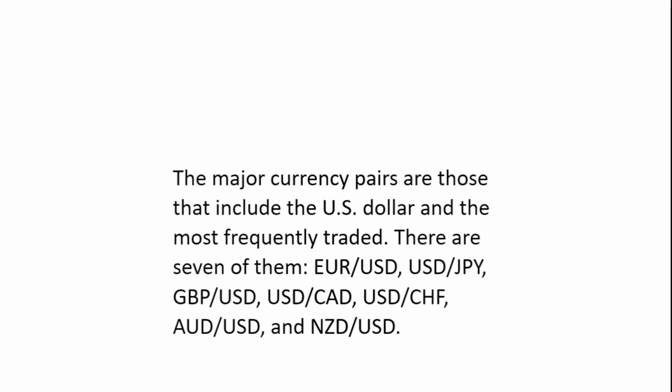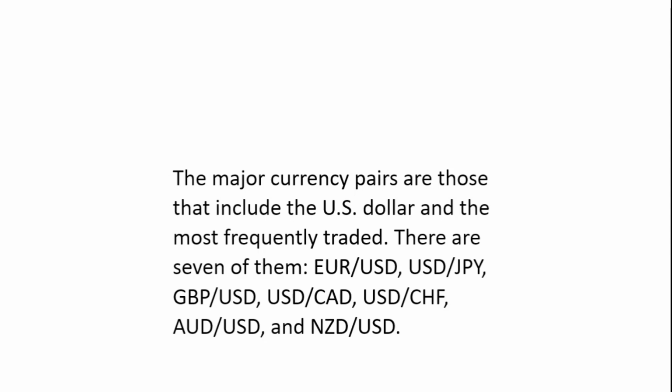The major currency pairs are those that include the US dollar and are the most frequently traded. There are actually seven of them. We have the Euro, USD; the USD, Japanese yen; the Pound, USD; the USD, Canadian dollar; the USD, Swiss franc; the Australian dollar, USD; and the New Zealand dollar, USD.